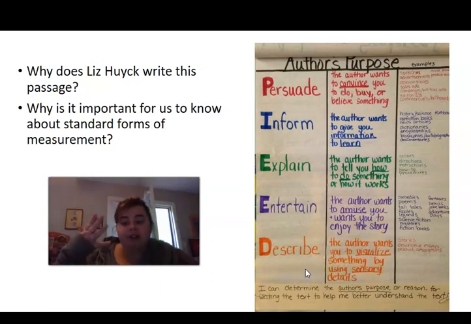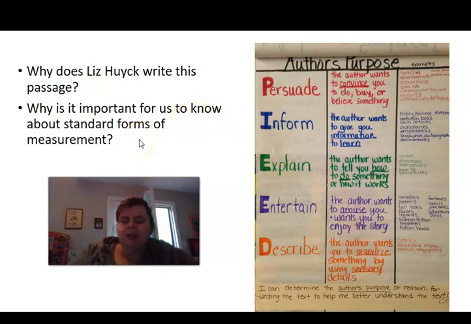Now, sensory, that's our 5 senses. And I don't feel like Liz Hyuk gave us a lot of descriptive language. Those are usually for stories, or if you're describing a product. So I'm going to say the author wanted us to learn, or wanted to inform us about standard measurement.